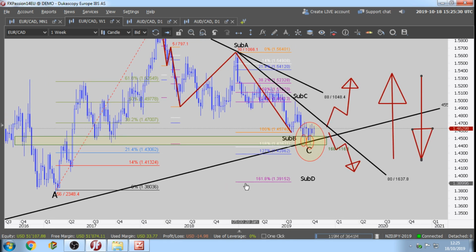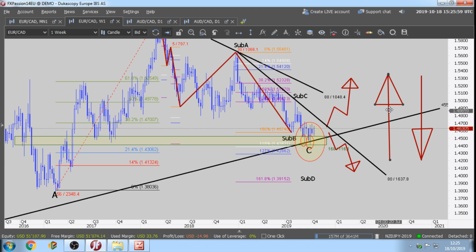Okay. Now let's talk about the technical risk. If I'm going to short the market, what is my technical risk? Technical risk number 1, the market didn't break the long-term uptrend line. The market is showing us the double bottom. This is the technical risk for the traders that want to short, right?